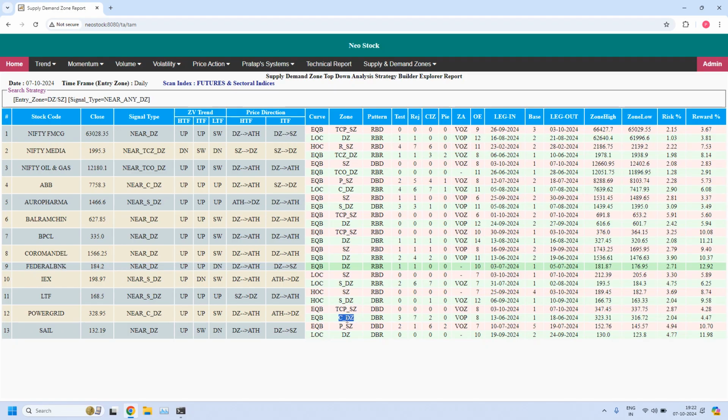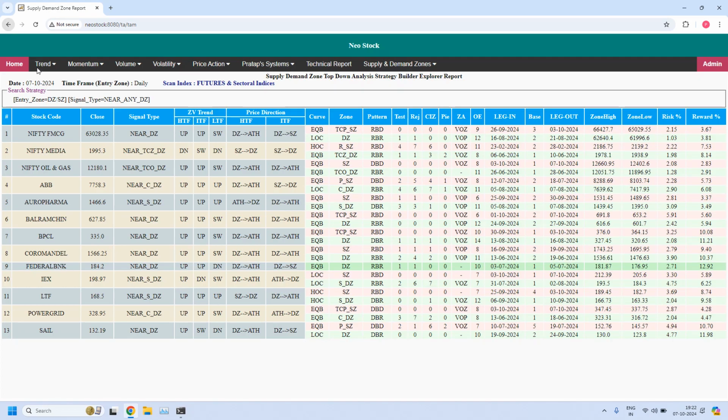Power Grid is between high liquidity demand zone and high liquidity supply zone. So in total we identified 1, 2, 3 and 4. We have identified 4 high liquidity daily demand zones.